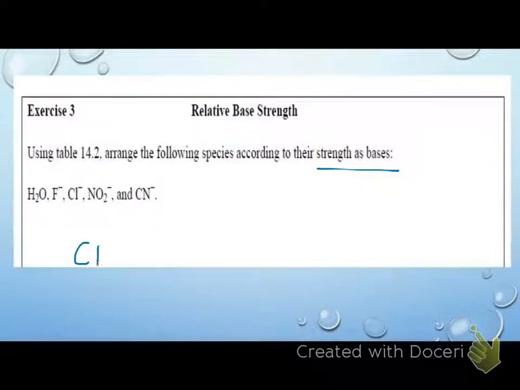Chlorine. So it is going to be the weakest base, so it's going to be less than. You use your Ka values in this case, because you want to see if it came from a weak acid or a strong acid. Oh, we use the table? Yeah, table 14.2.